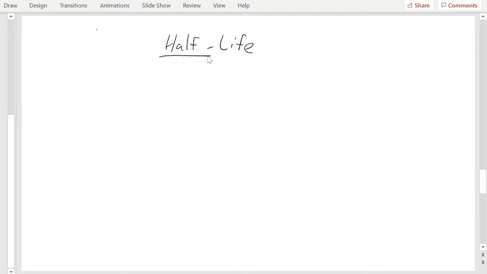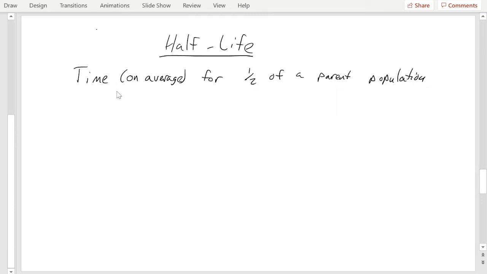And once again, the half-life is the time on average for one half of a parent population to decay into daughter products.